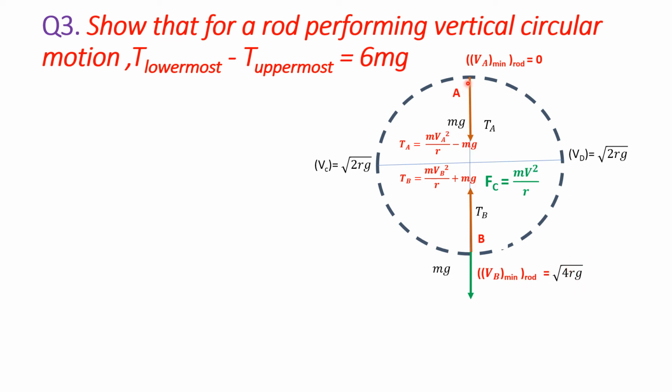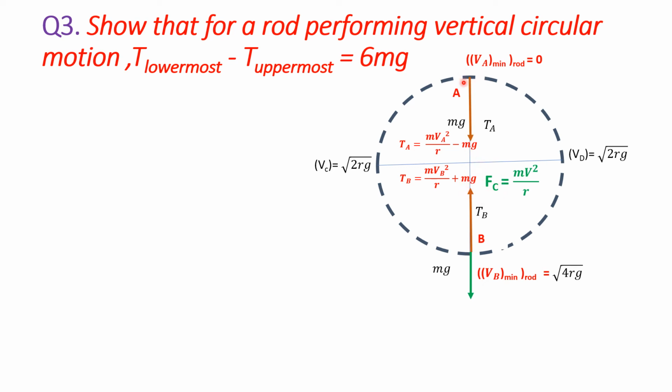Also, if you see the vectors at the uppermost position, the vector mg and vector Ta are both directed towards the center and balance the centripetal force. Also, at the lowermost position B, the weight vector mg is directed downward, and it is just opposite to that of the tension Tb vector, which is directed towards the center and balances the centripetal force.